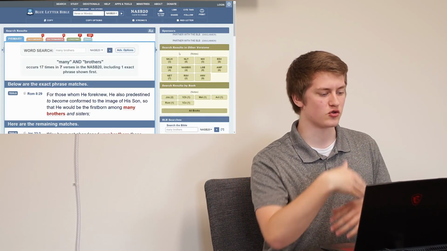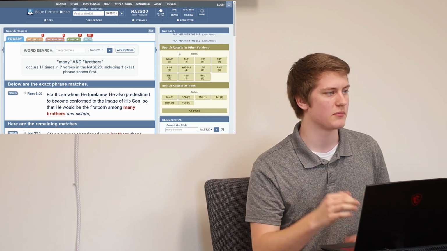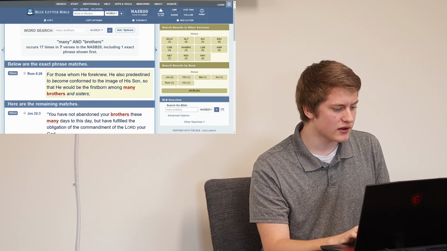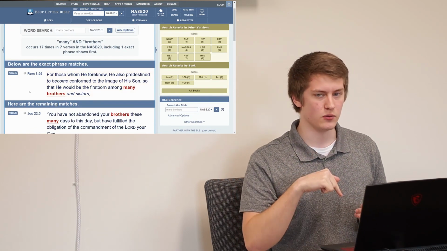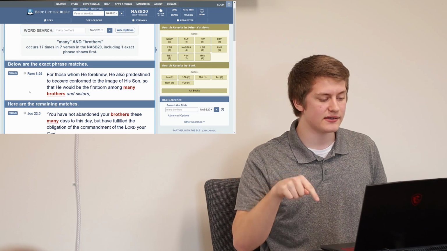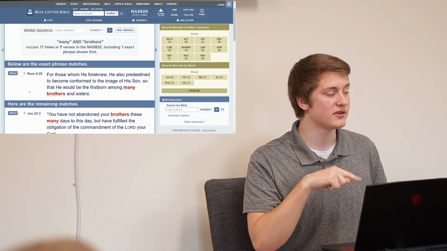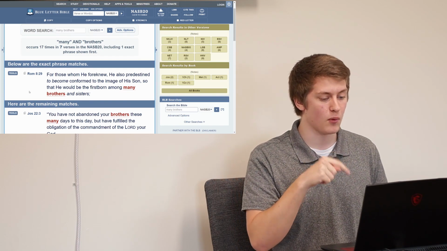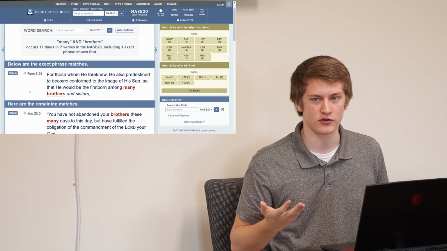Something you can do is search up a phrase in the thing, and it'll pop you up to a verse that has that phrase. Romans 8:29, for those whom he foreknew, that is God, he also predestined them to become conformed to the image of his Son, Jesus, so that Jesus would be the firstborn among many brothers and sisters.